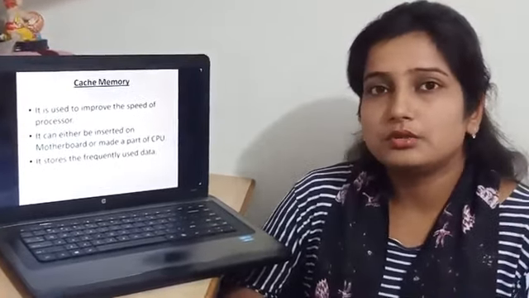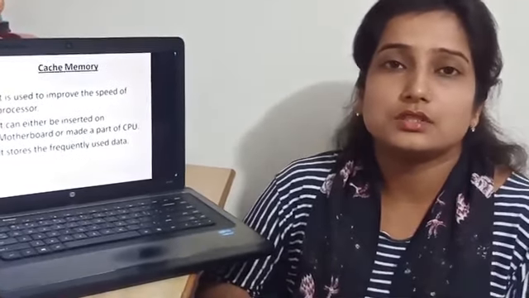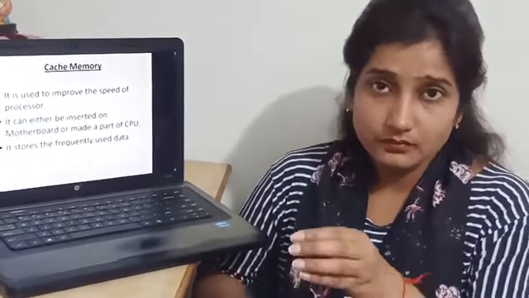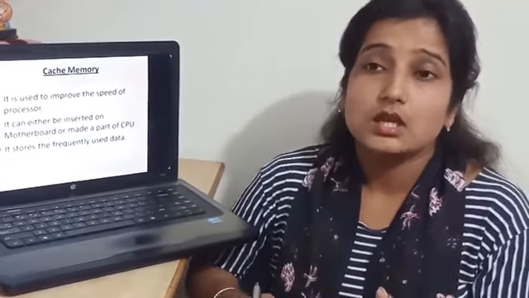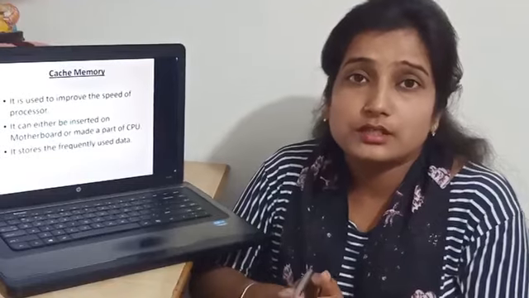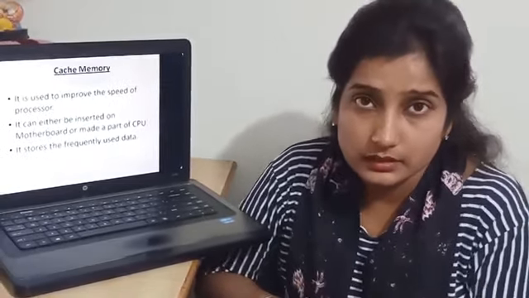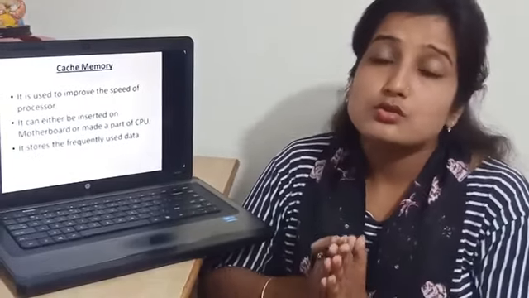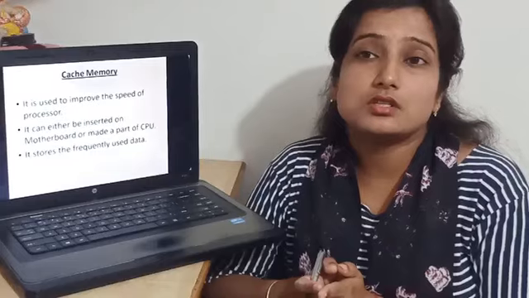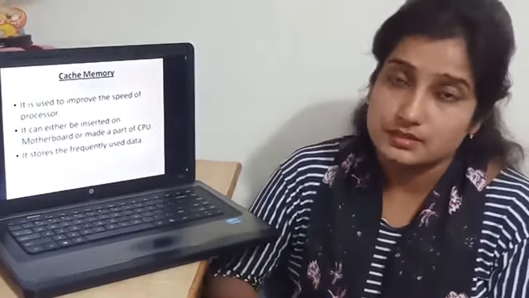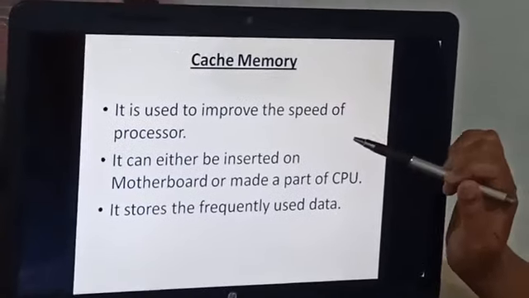The data which is frequently used, which the user uses again and again, is stored in a separate space so that the processor uses it faster, and the speed of the processor gets improved. So cache memory is the memory which improves the speed of your processor.